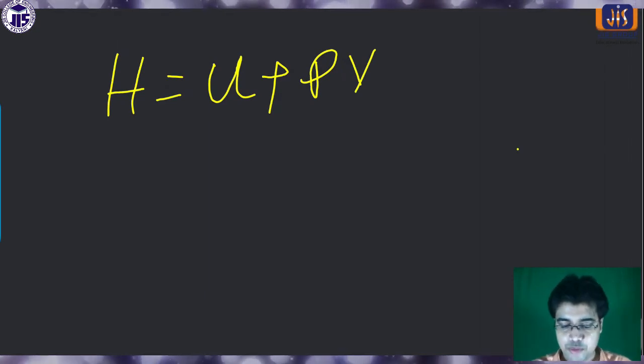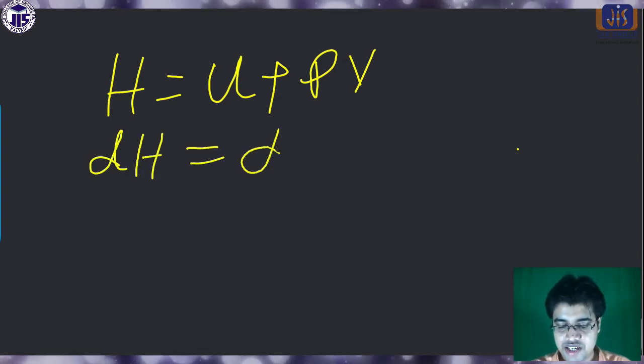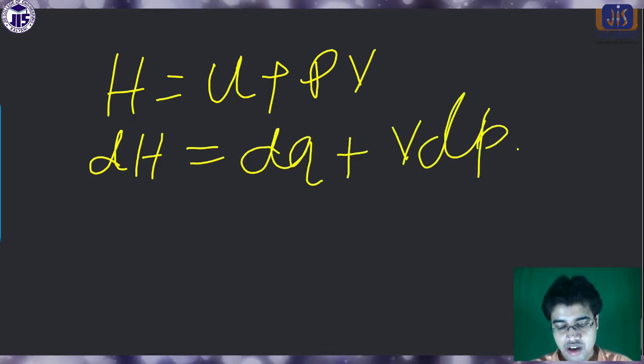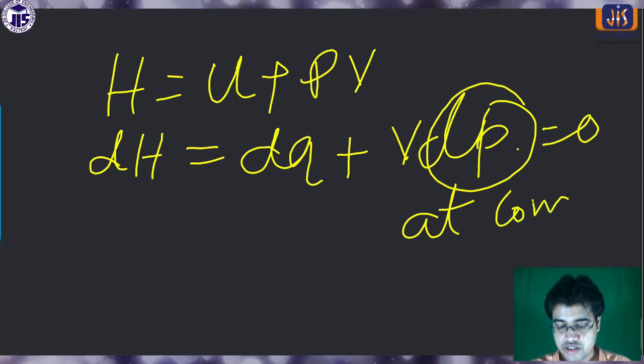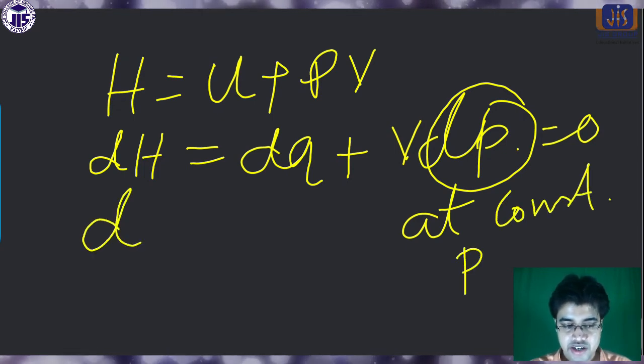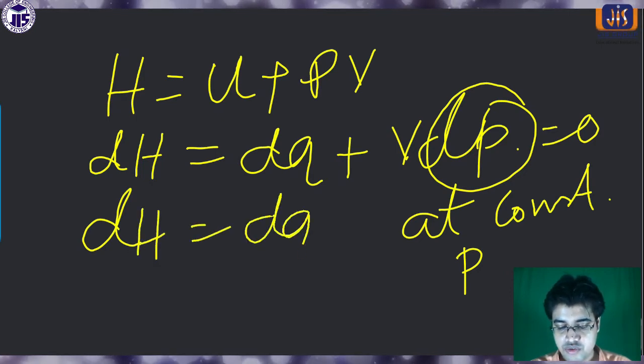And then you have to keep in mind that delta H equals dq plus VdP, and I told you this is at constant pressure. If it is constant pressure, dP will be 0. So at constant pressure, d of H equals delta qp.